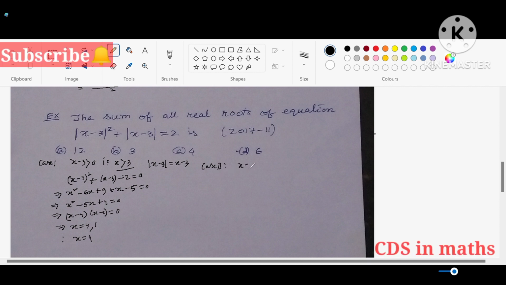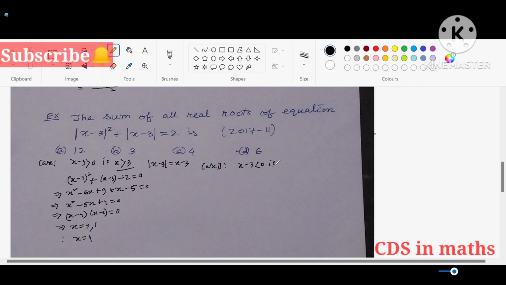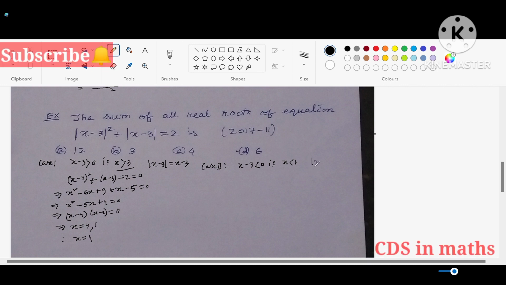First I considered x minus 3 positive. Let's consider x minus 3 negative. x minus 3 negative means x less than 3. And that implies the mod of x minus 3 will be equal to minus of x minus 3, by mod definition.